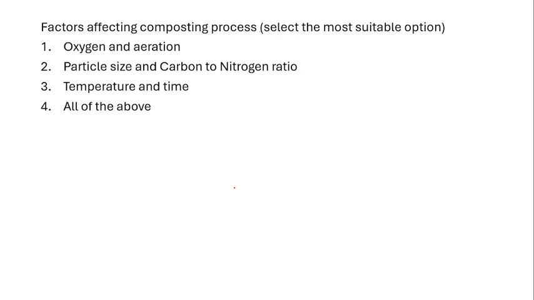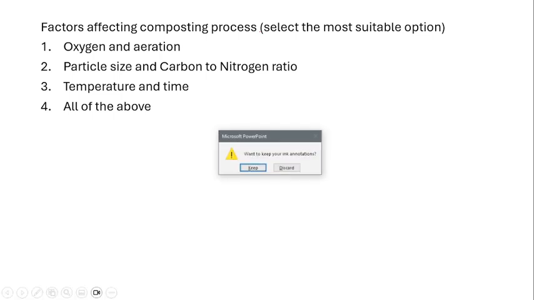Next question is factors affecting the composting process. So we know that composting is a method which will be degrading the leftover biological content into the stable form of organic matter. Right. So the stable form is formed by using the microbial action.